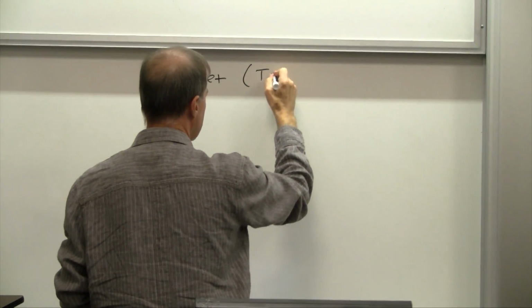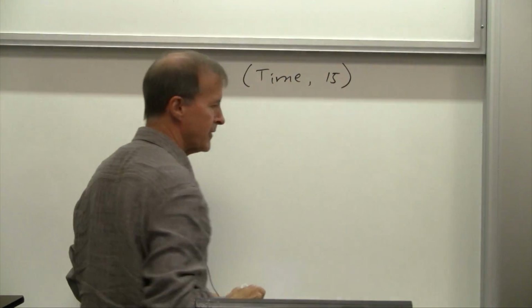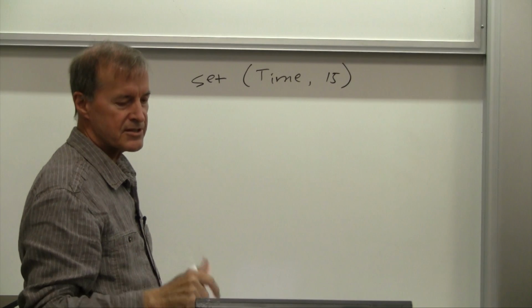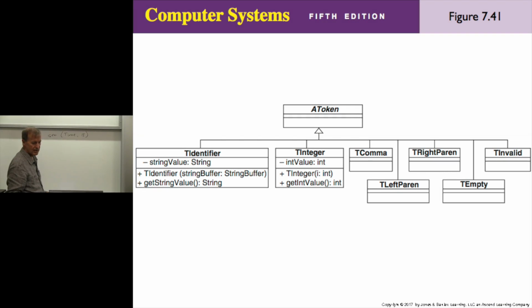Let's keep this line of code in mind. And in figure 7.41, what do you think the stream of tokens is going to be from the lexical analyzer when the program parsed this line?